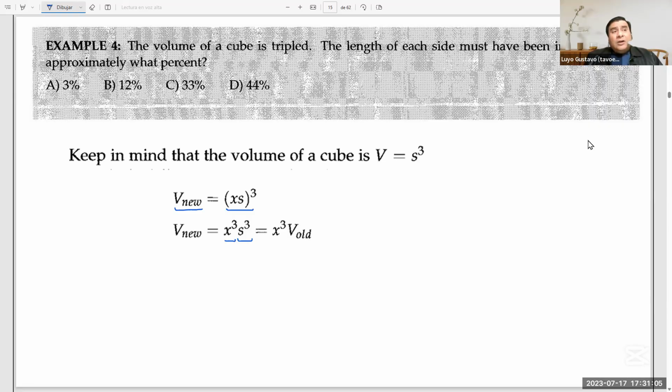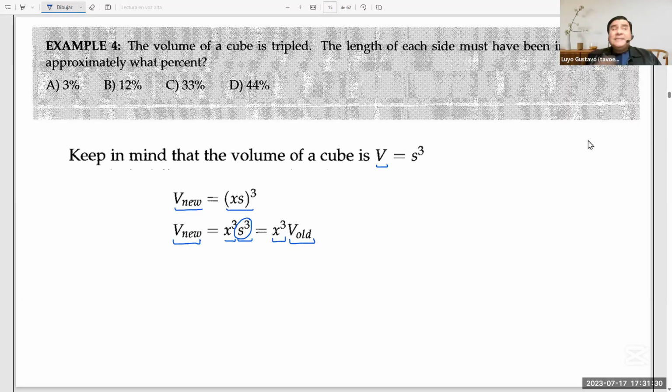So, because the cube of s is actually the original volume of the cube, then we can say that the new volume of the cube is always the cube of the factor by which we scale the original edge multiplied by the original volume of the cube.